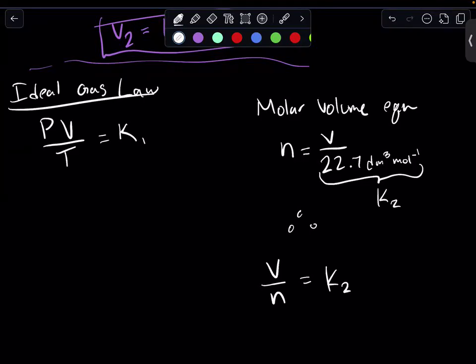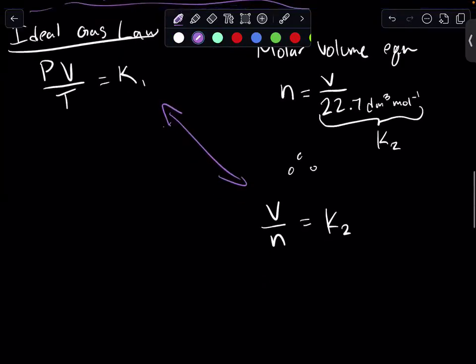Much like we combined our gas laws before, we can now combine these two laws. And so we're going to do that. We're going to write our new law, PV over NT is equal to our constant 1 times our constant 2.